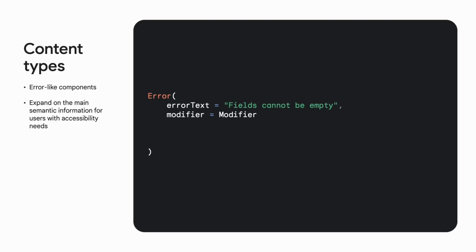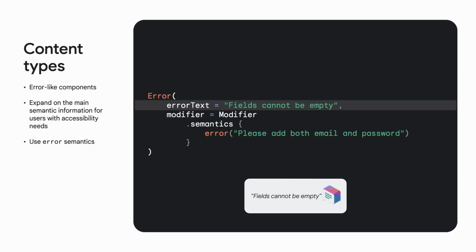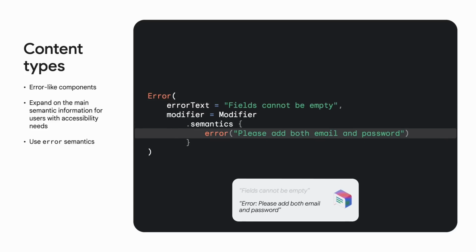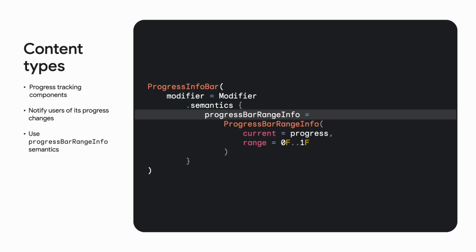When defining the arrow states, you can inform the accessibility services of its arrow semantics and provide expanded arrow messaging. In this example, TalkBack would hint the main arrow text, followed by additional expanded messaging. For custom components that track progress, you might want to notify users of its progress changes, like the current progress value, its range, and step size. You can do so with progress bar range info.